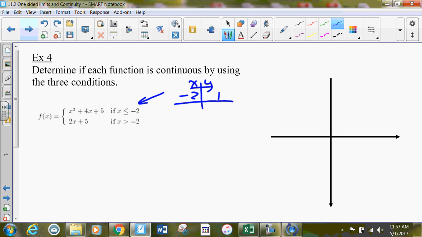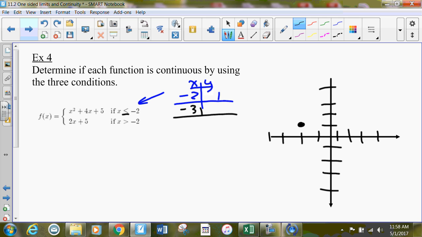And then I'll go ahead and do a little bit of a graph just to get a visual. Okay, so at -2, I'm at 1. I'm going to fill in the circle because of this equal sign down here. I'm looking at it from the left, so I'll real quickly do a -3 just to see what direction it's taking.